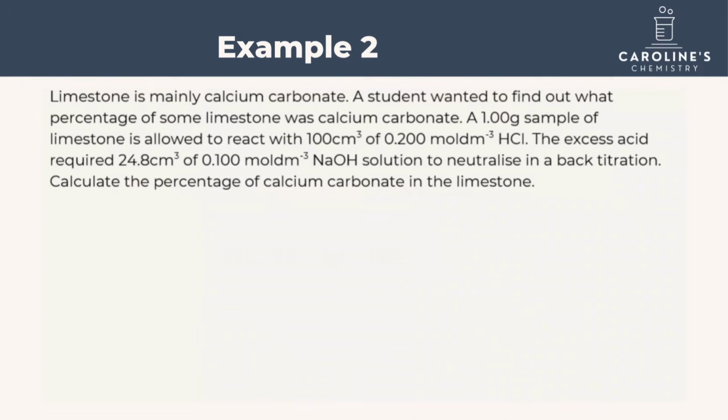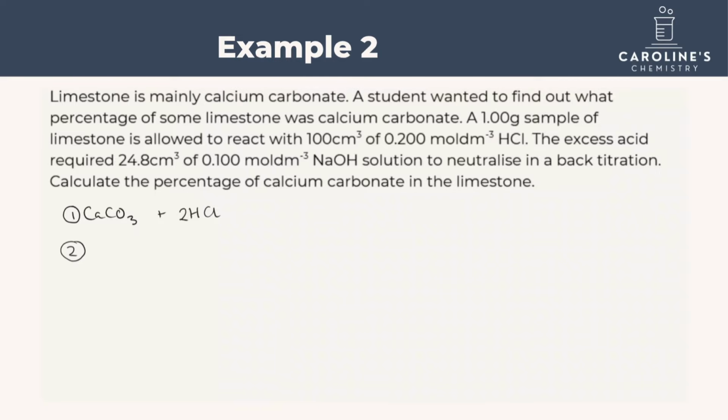Let's start with those two reactions. So reaction 1, calcium carbonate, is reacting with HCl. Reacting ratio. Carbonate ion reacts with the hydrogen ion in a ratio of 1:2.